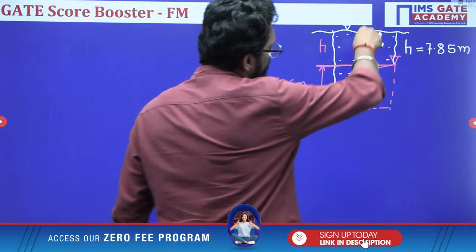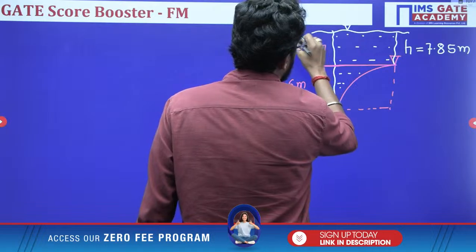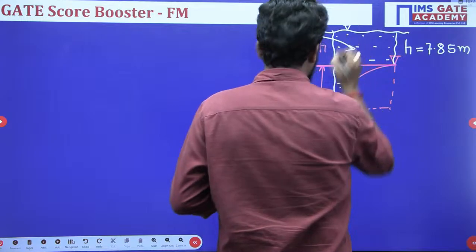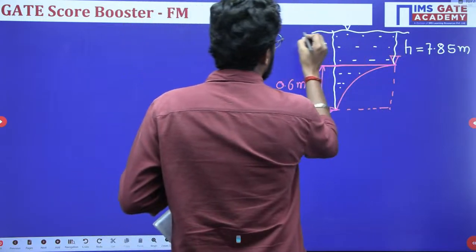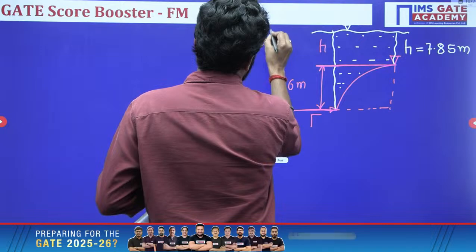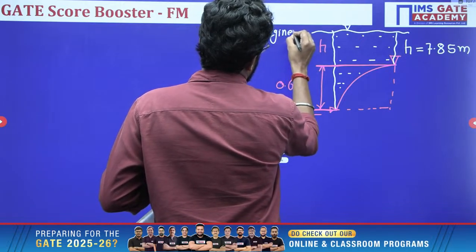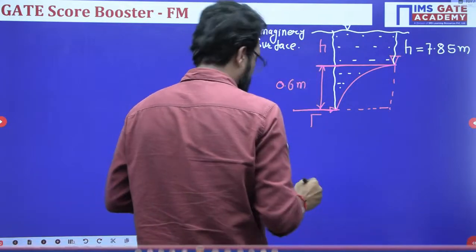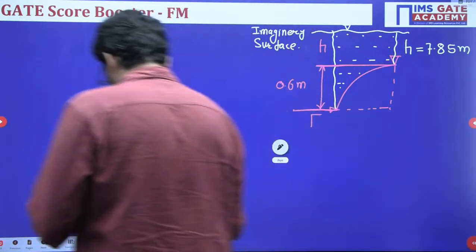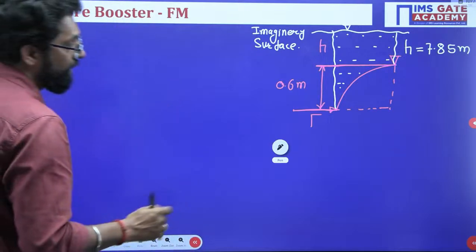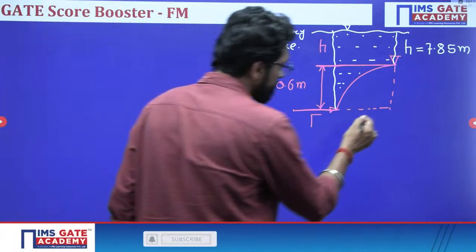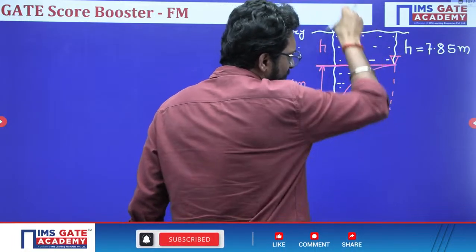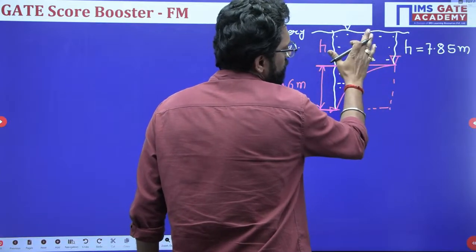This is your imaginary weight, your imaginary surface. Now we have to find first the horizontal force. Why? Because the pressure will be exerted on this curved surface by this fluid.